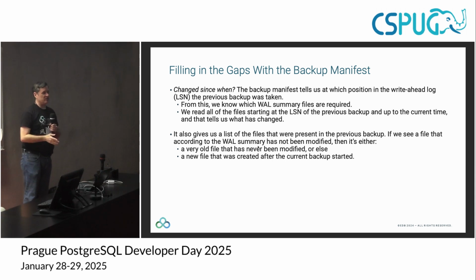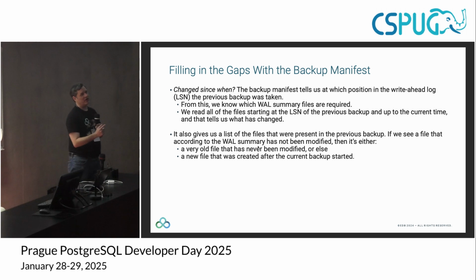There are two possibilities, actually. I think the more obvious possibility is the file hasn't been changed in a long time. It hasn't been changed since before our reference backup, and it's just been sitting there on disk with no modifications. In that case, we don't need to store any data blocks. But it's also possible that it could be a brand new file that was created after the current backup began.